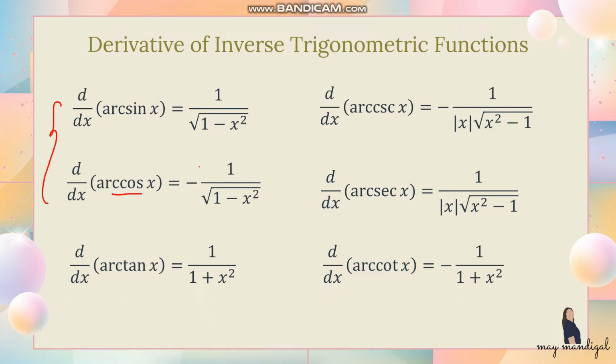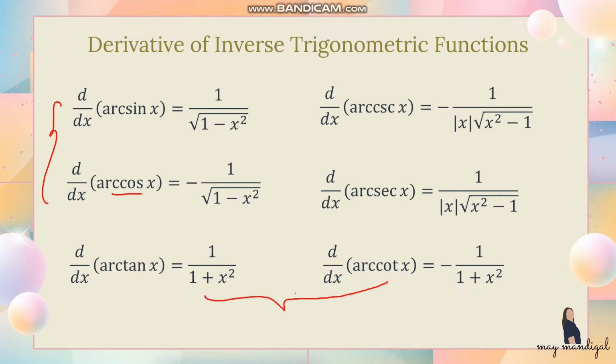If you still remember our discussion of the derivatives of trigonometric functions, those functions that start with c, the cosine, cosecant, and cotangent, are the functions with negative derivatives. It's the same with the inverse trigonometric functions. Another pair is arc tangent and arc cotangent.